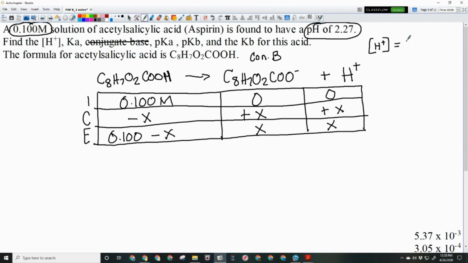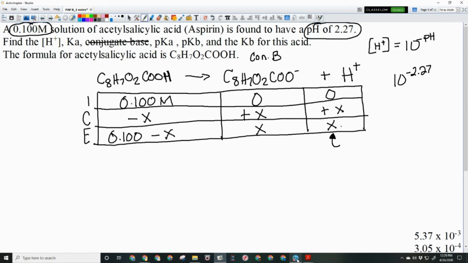That's 10 to the negative pH. It's one of our formulas. So this hydrogen ion concentration, oh, look at this, can be plugged in right here. If we take 10 to the negative 2.27, it's going to give us what our X is. Then we'll be well on our way.